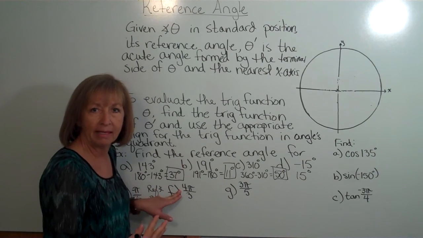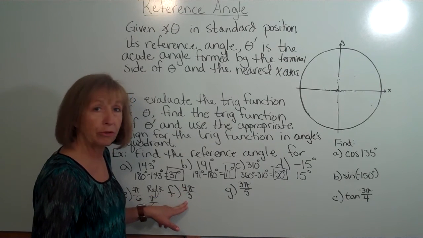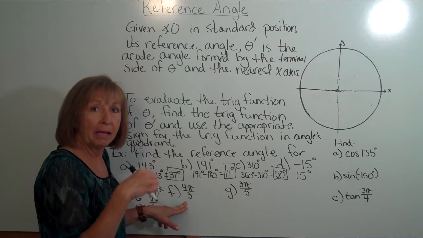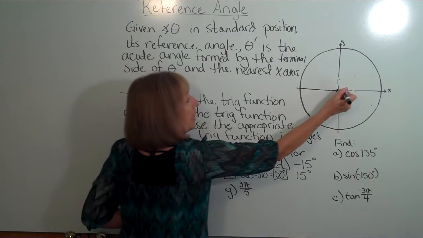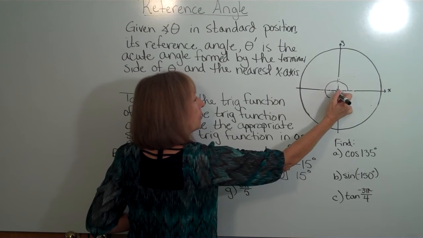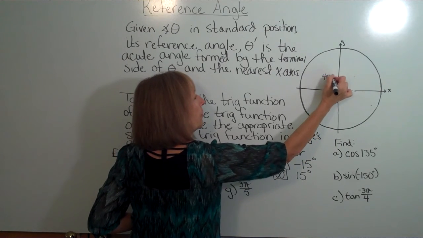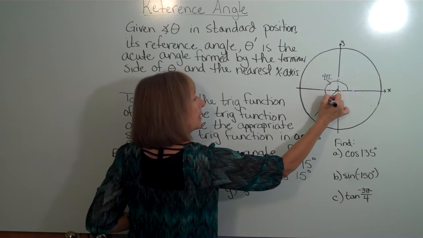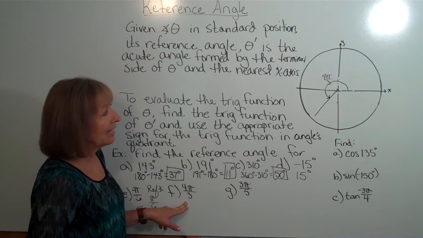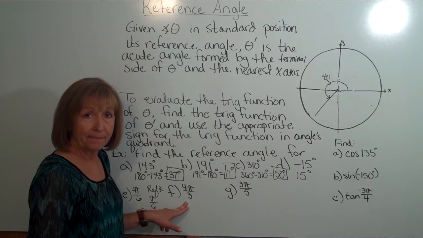So you kind of want to think of it as fractional values of your pi. So 4/3 of a pi is pi plus 1/3. So when I do 1/3, 2/3, 3/3, 4/3, my original angle theta is going to land in the 3rd quadrant.